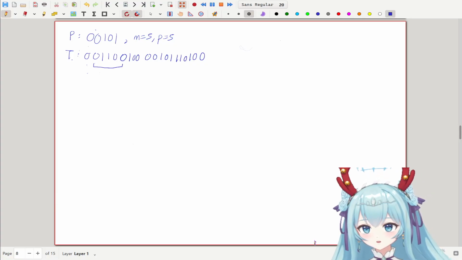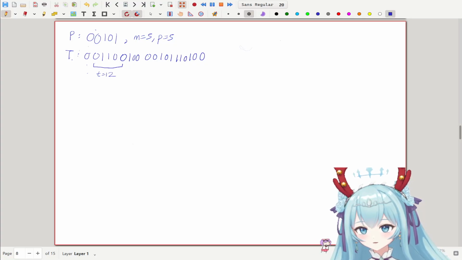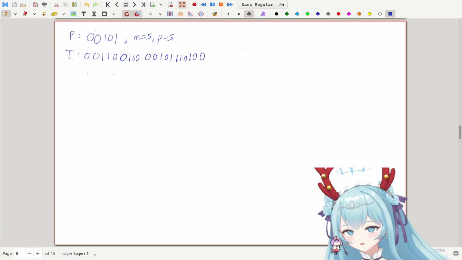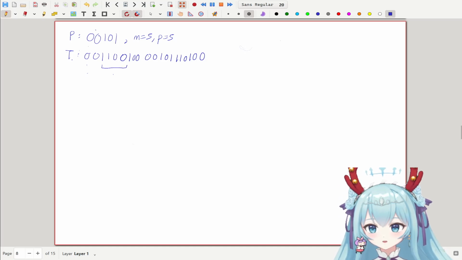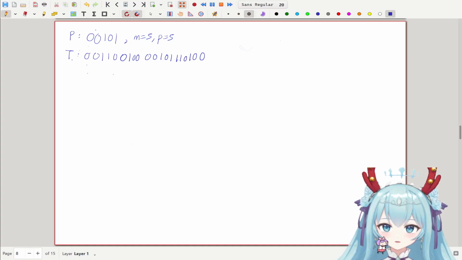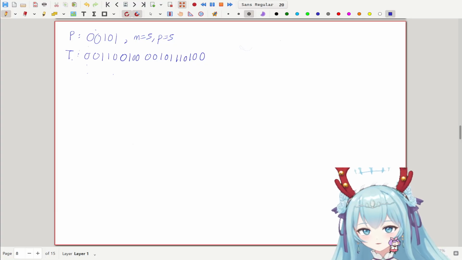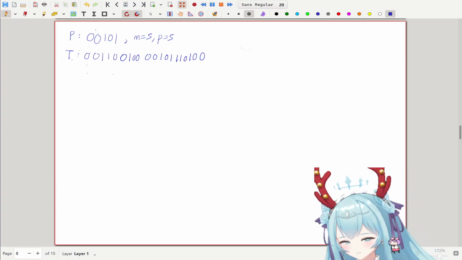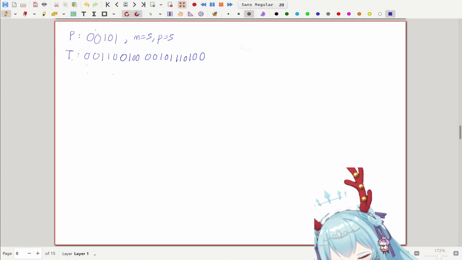And over here, t equals 12, because 8 plus 4, so it's another mismatch. And then we move on to the next window, and so on and so forth, until we manage to find a value of small t that is equal to p.